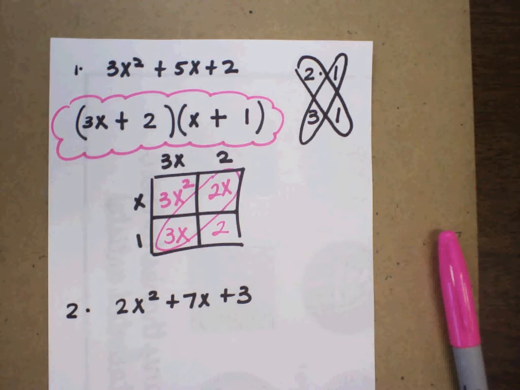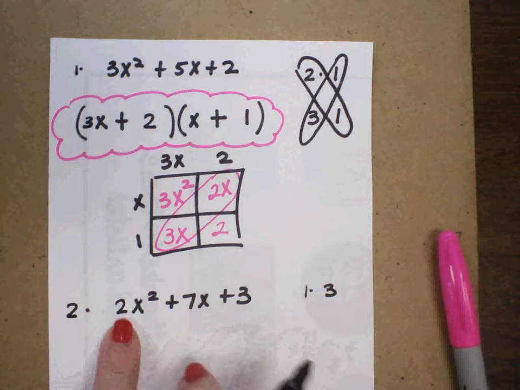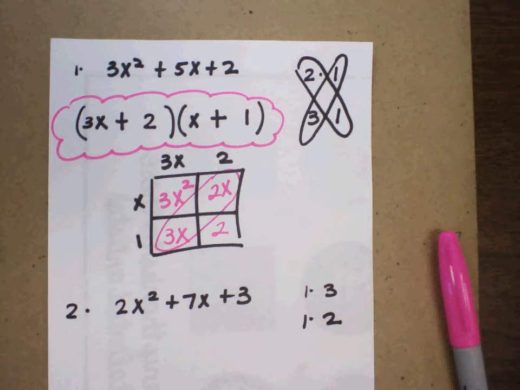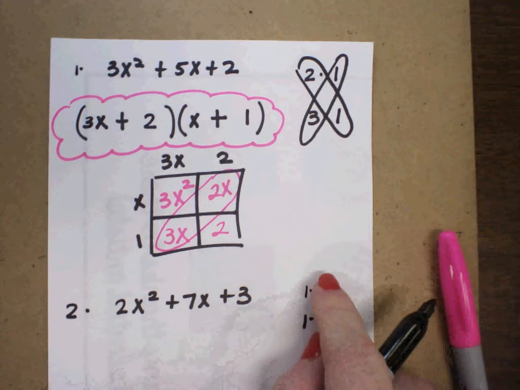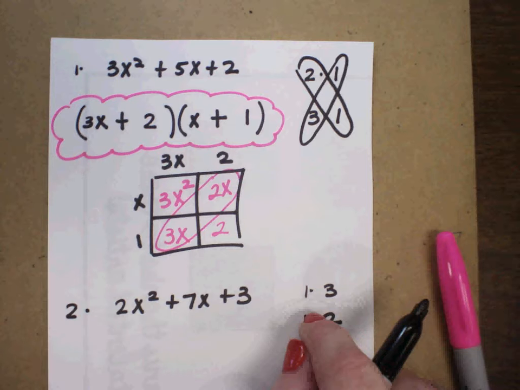So what can I multiply together? 3 and 2, that would be 6. 1 and 1 will be 1, right? And 6 plus 1 equals 7, because this is a plus plus and it needs to be plus plus, right?